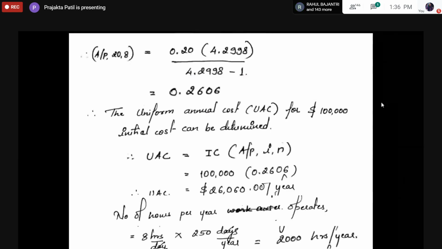Now you have to divide the UAC, the uniform annual cost, by the number of hours per year the machine is working.